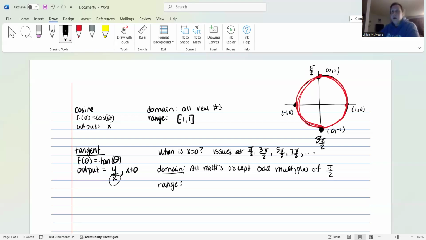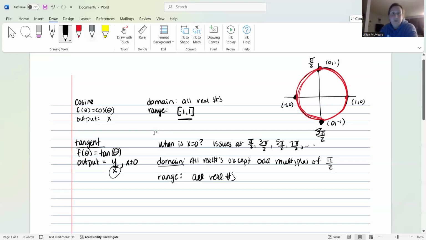As we're plugging in values for x, we know that x is limited because that's cosine, and the range for cosine is -1 to 1. So as we plug in those values, they are getting closer and closer to 0. As we get closer and closer to 0, our ratio is getting bigger. So the range for tangent is all real numbers. And don't get too lost in this. It'll make more sense when you see the actual graph, okay?